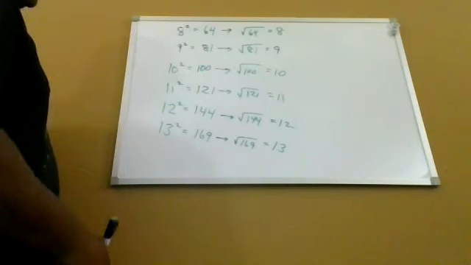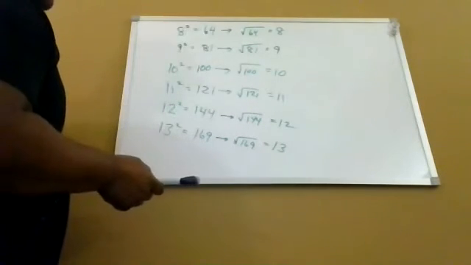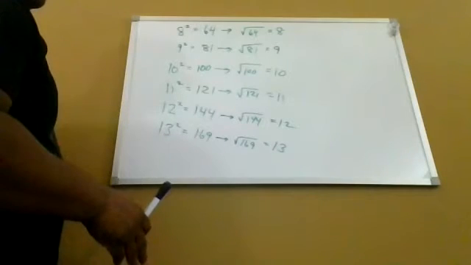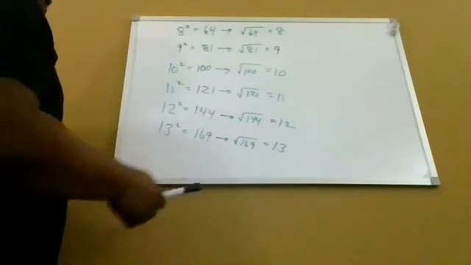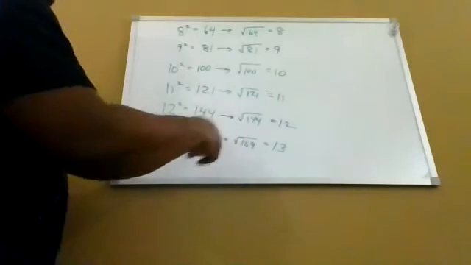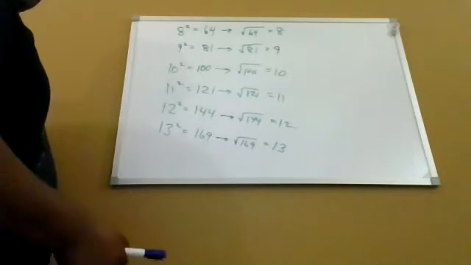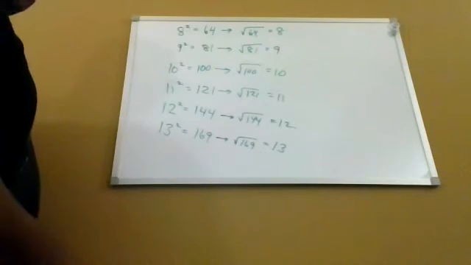So it's going to be important to know that the square root of 64 equals 8, square root of 81 equals 9, square root of 100 is 10, all the way down to the square root of 169 is 13. And we'll be taking square roots of other numbers.